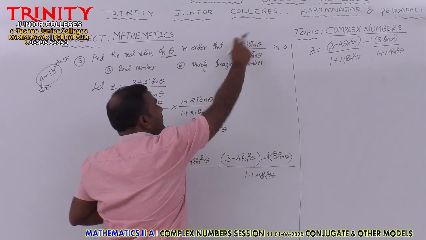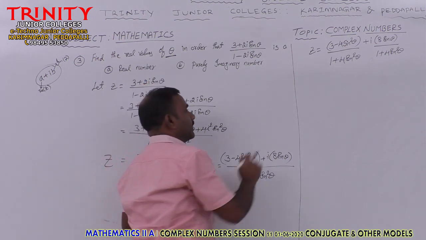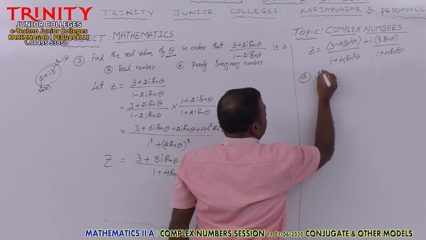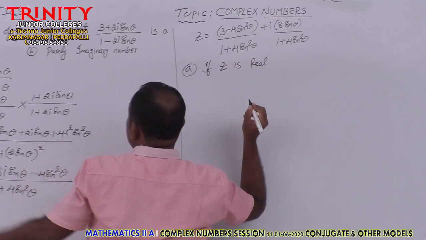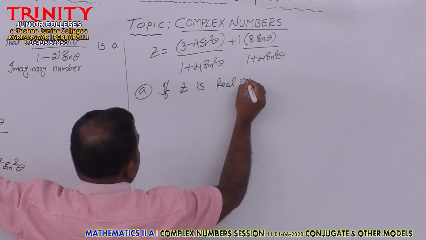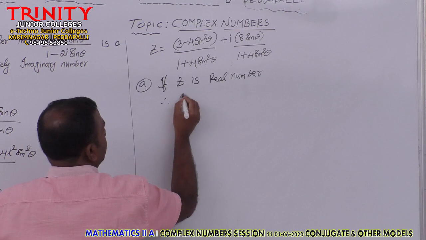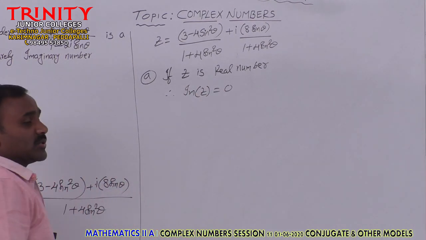If this is a real number, then what is the value of theta? Now first case, if z is a real number, therefore the imaginary part of z is equal to 0.